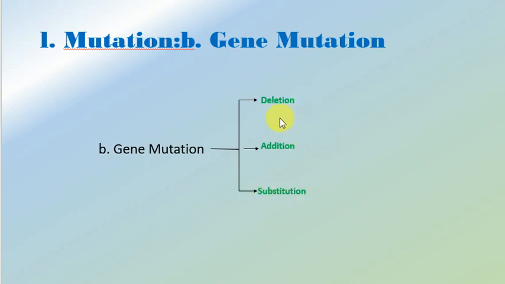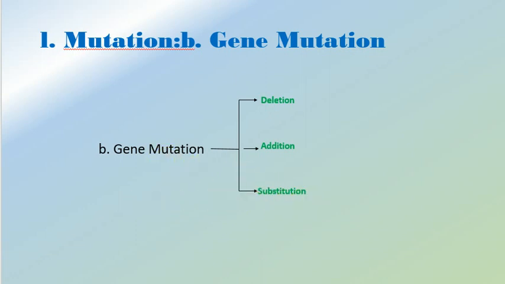So if a few nucleotides in a gene get deleted, then the process is known as the deletion point mutation. If few nucleotides are added, then it is known as the addition mutation. And if the nucleotides are replaced, if the nitrogen bases are replaced, then it is known as the substitutional gene mutation.